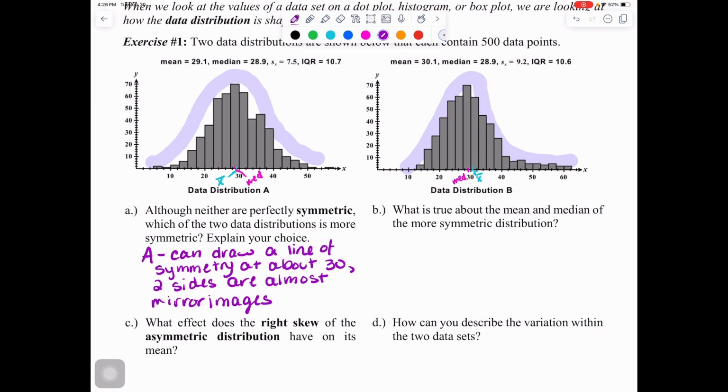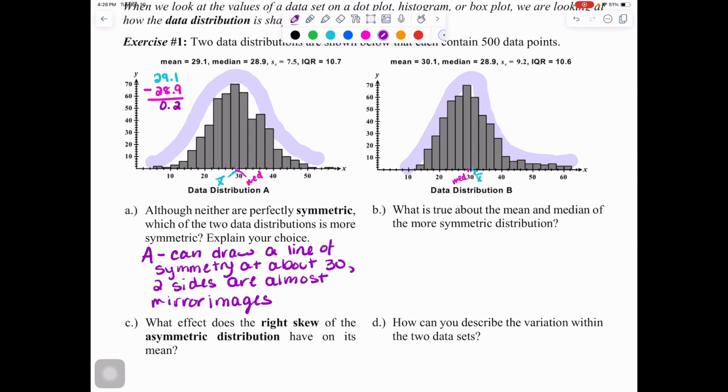When we look at B, it says, what is true about the mean and the median of the more symmetric distribution? So over there, the mean is 29.1 and the median is 28.9 for distribution A. If I take a look at those values, that's 29.1, I'll take the larger one, and I'm going to subtract the median, which is 28.9, and I'm getting 0.2.